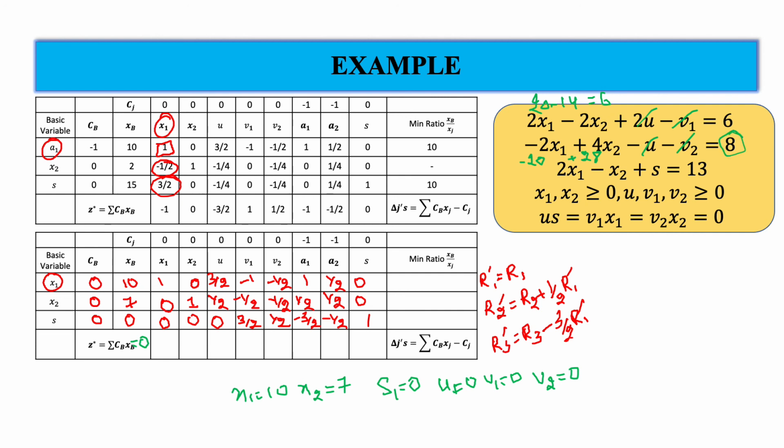Now here it is 20 minus 7, this is 0, 30, and these conditions are also satisfied. Also u is 0, s is 0, so the multiple is 0; v1 is 0, x1 is 10, the multiple is also 0; v2 is 0, x2 is 7, that is also 0. So all the conditions are satisfied. All non-negative conditions are satisfied, and all these points satisfy all the constraints, hence we solved our QPP.